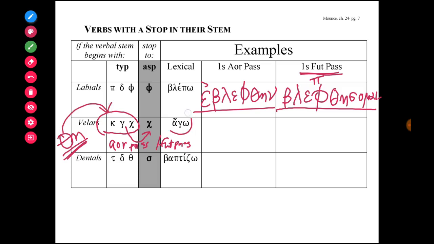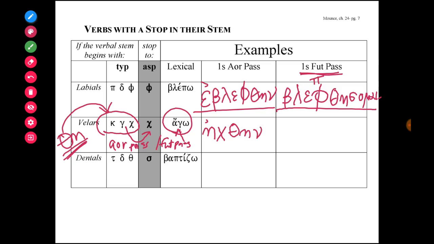So for agō, I lead, let me augment it. So here's my augment, and then let me aspirate that gamma. So the gamma is going to become a chi. Then let me add the tense formative thē and then the suffix endings, and ēchthēn is I was led.